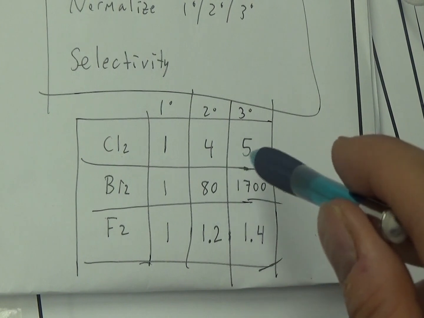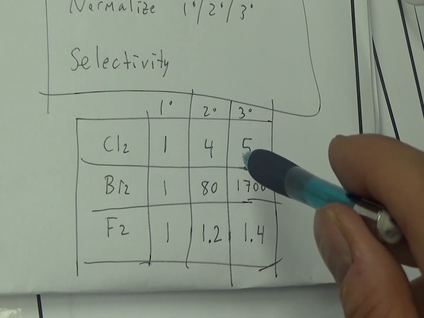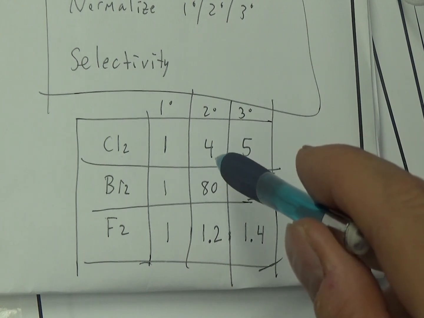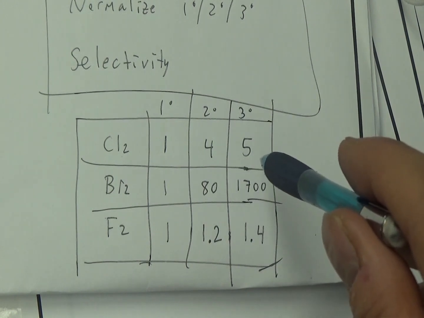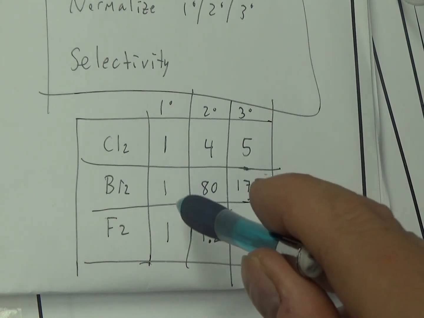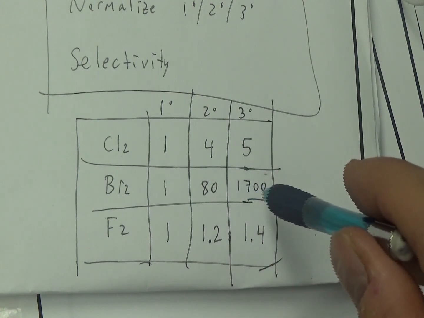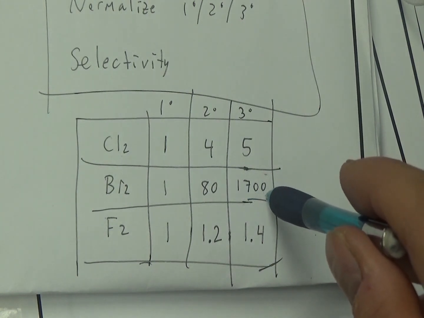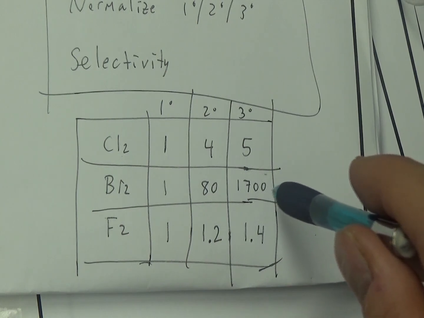So there's definitely a preference for tertiary, and secondary is also more preferred than primary, but not that much. And then we have bromination, where primary is 1, secondary is 80, tertiary is 1700. So it's a huge preference for tertiary bromination. Okay, so that's kind of where we were.